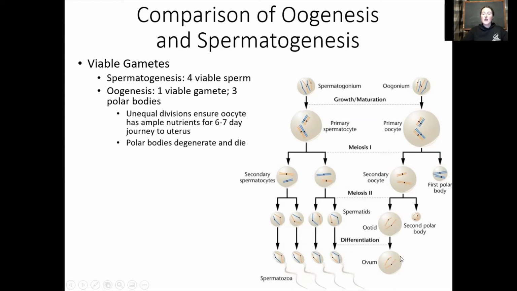In oogenesis, the other three copies of DNA are going to be essentially stored in these polar bodies, which are just like little storage areas. They're not actually doing anything for the egg or the female. They're ultimately going to degenerate and die, but their donation of all their cytoplasmic contents into one single cell is going to allow that cell to survive for several days on its way to the uterus.